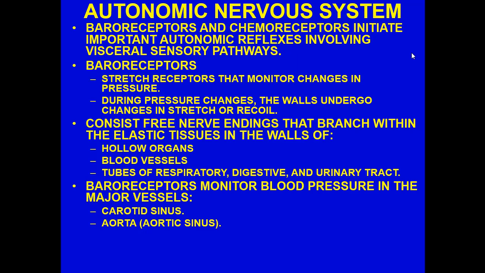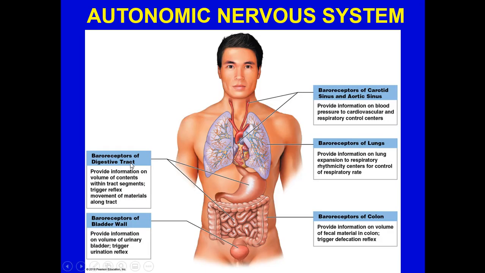Now, baroreceptors monitor blood pressure in the major vessels. You have the carotid sinus and the aorta, otherwise known as the aortic sinus. Here you can see some of this. So basically, as your aorta stretches, you're going to get certain pressure information. Now, you also have up here these structures called the carotid sinuses.